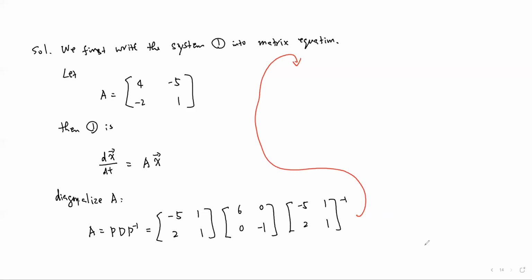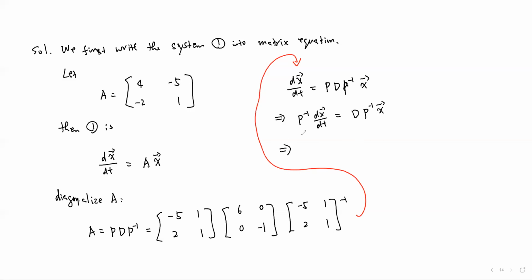Then this equation is dx/dt equals P D P inverse times x, because I plug this in for A. Now I move P to the left side.